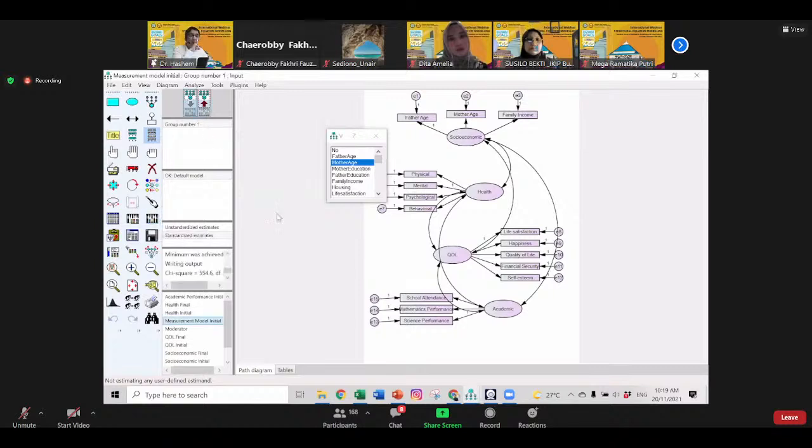So when we do the analysis, it gives this kind of information: the correlation among latent variables without considering their situation inside the research framework, right?